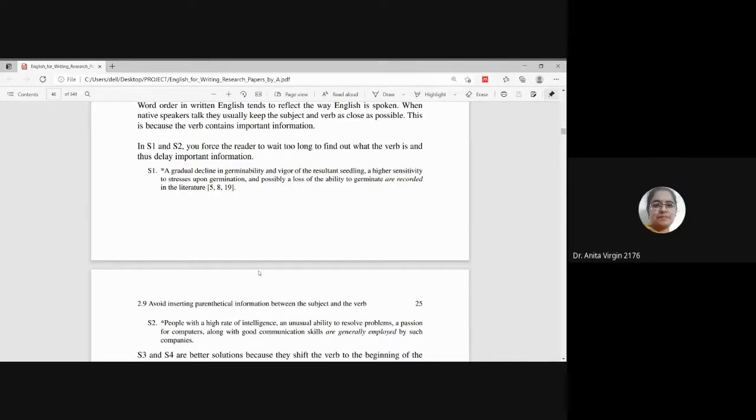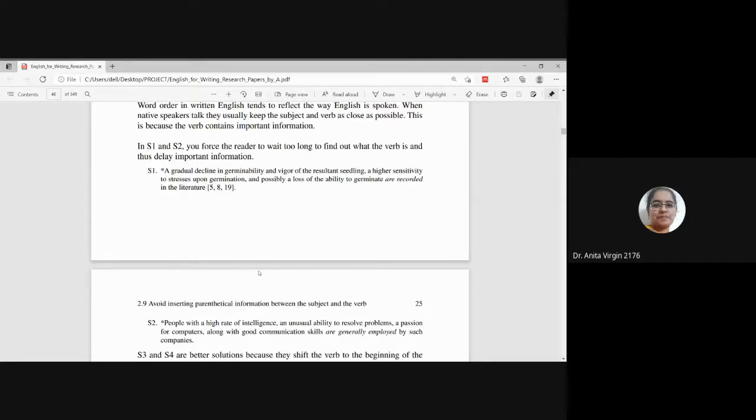Yeah, please someone read S1. A gradual decline in germinability and vigor of the resultant seedling, a high sensitivity to stress upon germination, and possibly a loss of ability to germinate are recorded in literatures. Okay. So your verb has just come here, are recorded.